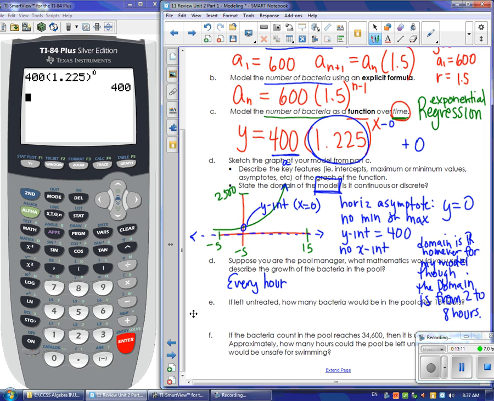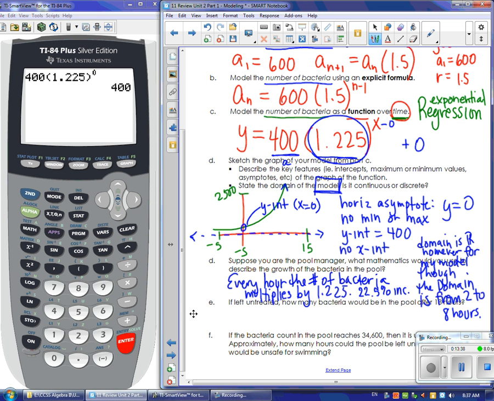But if I look at my rate of growth for my exponential function, every hour, the number of bacteria multiplies by 1.225. Another way of saying that would be it's a 22.5% increase.